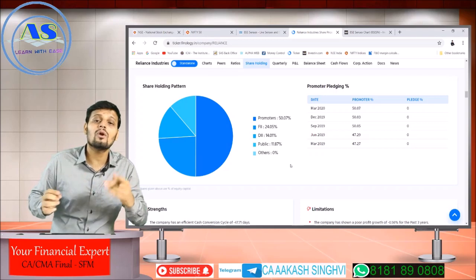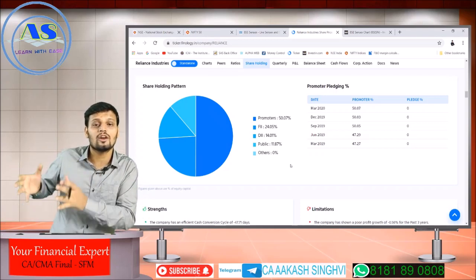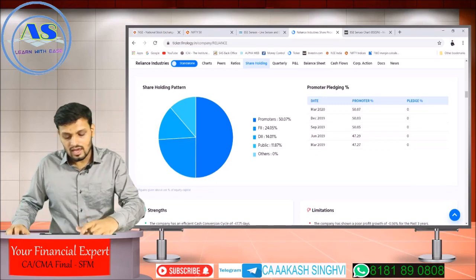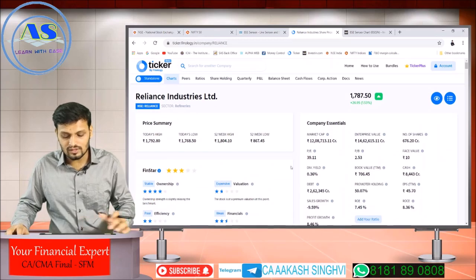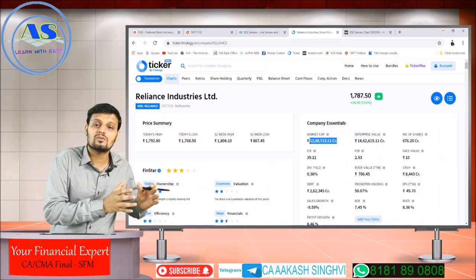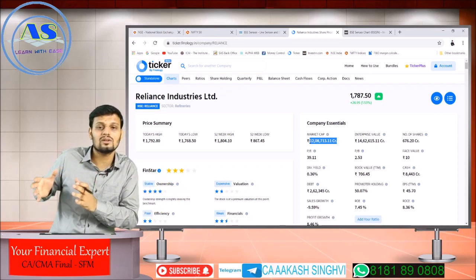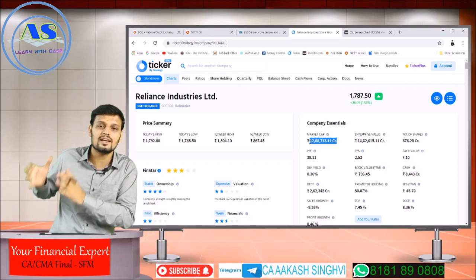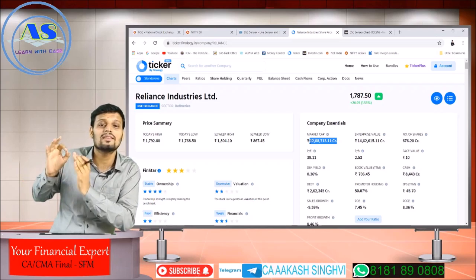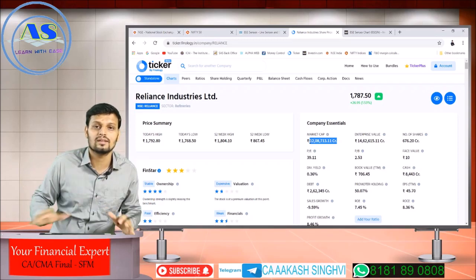Now this free float market capitalization is nothing but the general public shareholding, which is around 49.93%. Roughly, out of this 12,08,000 crore, around 6,05,000 crores are held by Mukesh Ambani and his family, and the rest, 6,03,000 roughly, is held by the general public. The 6,03,000 crores of market cap held by the general public is known as free float market capitalization.